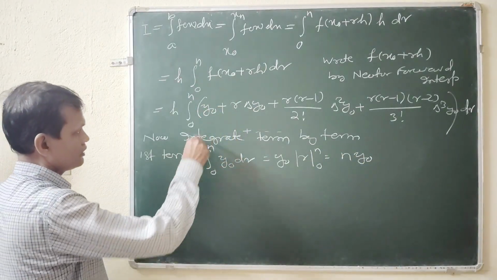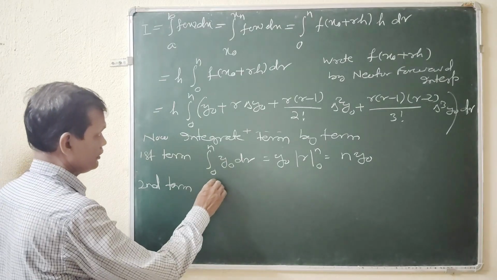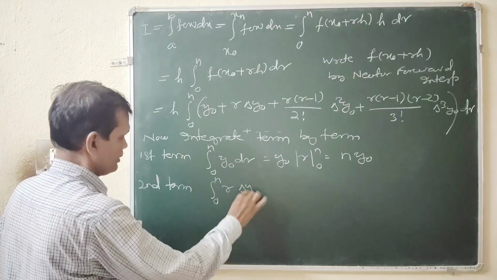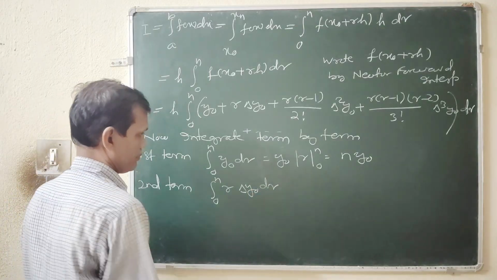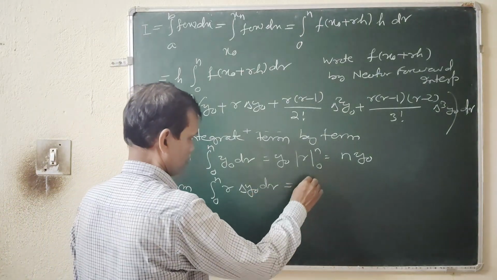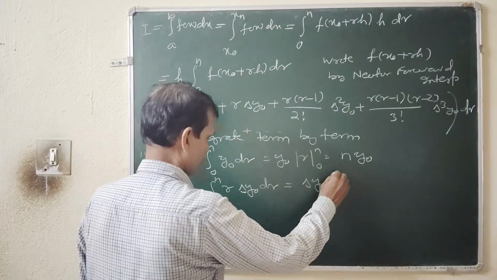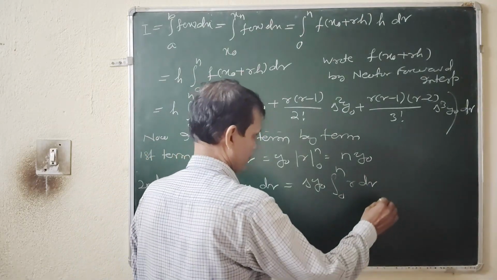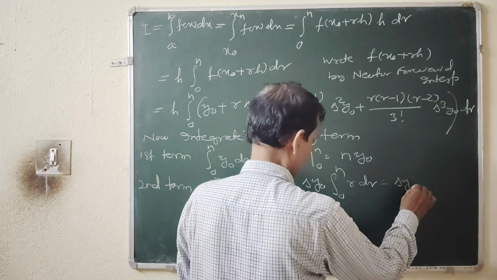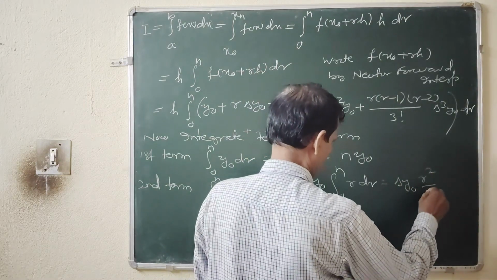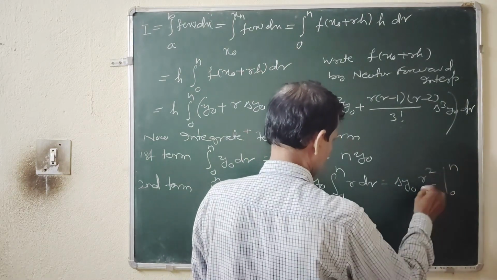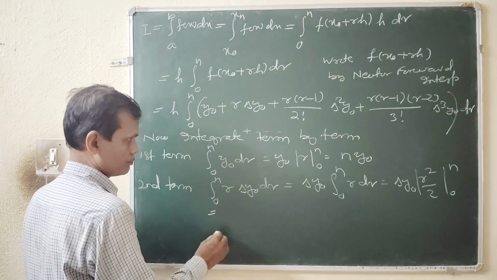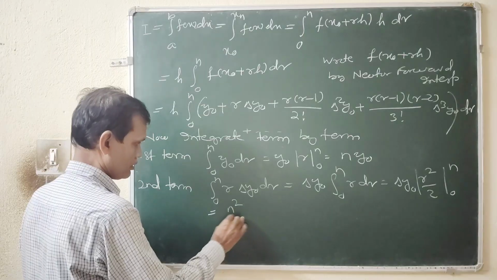Then the second term, integration 0 to n r delta y0 dr, delta y0 is constant, equals delta y0 r square by 2, limit 0 to n, that equals n square by 2 delta y0.